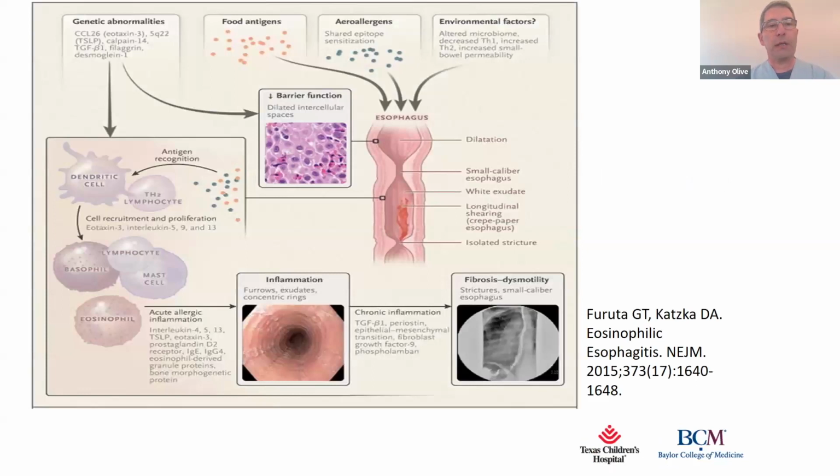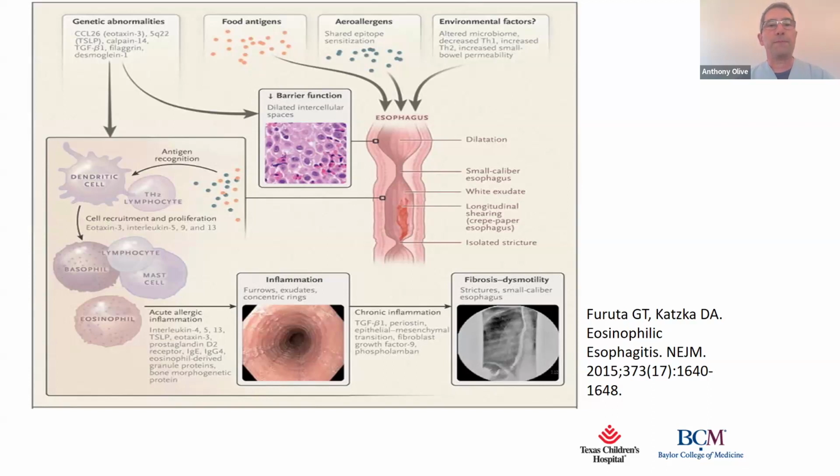So, the inflammation really comes, there are several genes that have been identified that predispose or are risk genes for getting EOE, and these genes have primarily to do with barrier function and the inflammatory cascade.